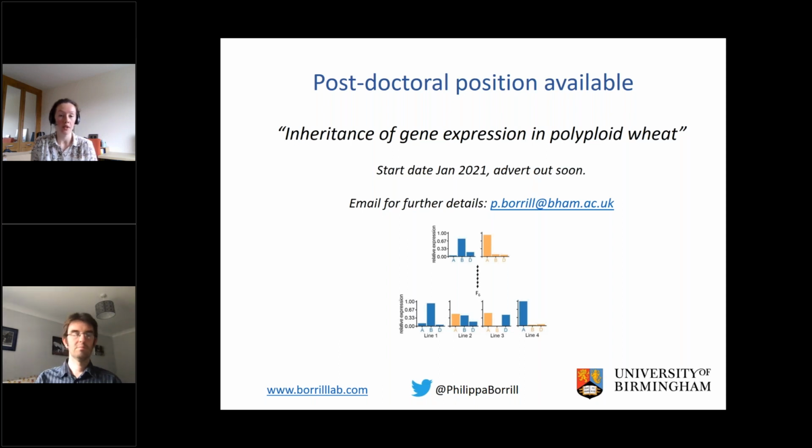That would be something interesting to do in the future. I think at the moment we're still in the quite preliminary discovery phase of trying to understand what's going on in these F6 lines and how the homolog expression patterns change. And there are so many different traits you could imagine that it would influence. It's a bit difficult to know where to start, but that would definitely be something that's interesting to look into.